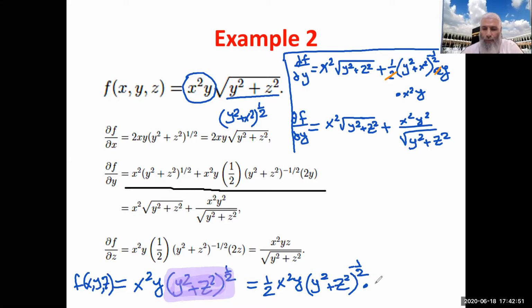The derivative of the inner with respect to z is 2z, right? So we simplify 2 with this 2. So this is x squared y z over the square root of y squared plus z squared.